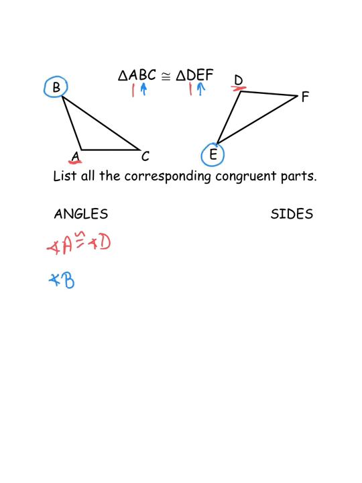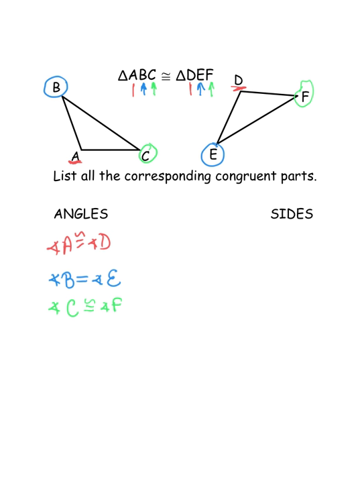So angle B is congruent to angle E. And since angle C and letter F are third, that means that C corresponds to F. So angle C is congruent to angle F.